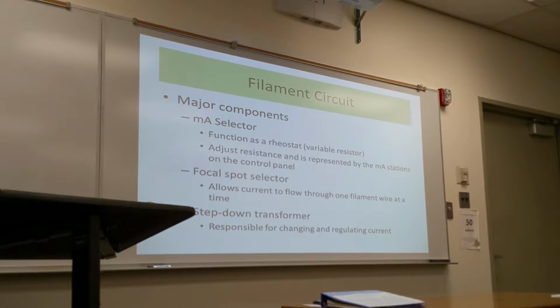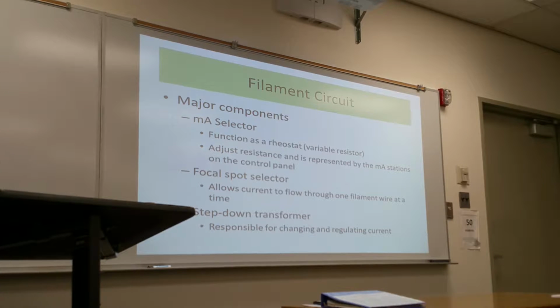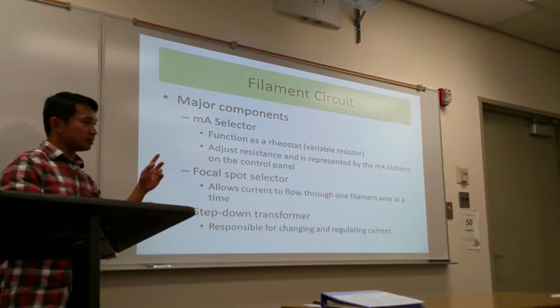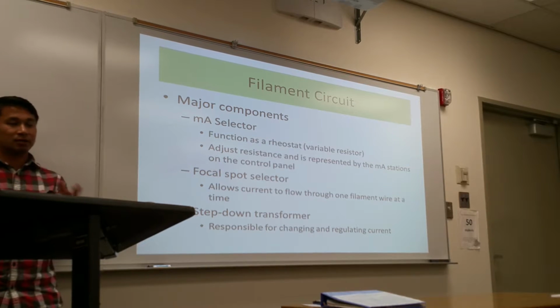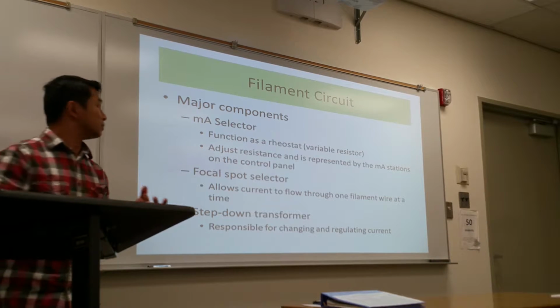Okay, let's talk about the filament circuit first. The major parts of the filament circuit, since it supplies control current, that's where the MA selector component is located. The purpose of the MA selector is, when you change your MA selections, it moves a needle device, or whatever it is inside, to the appropriate current scale.